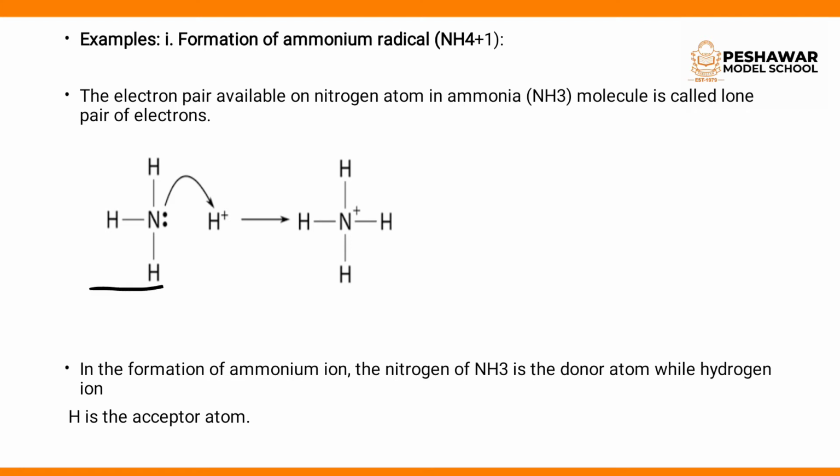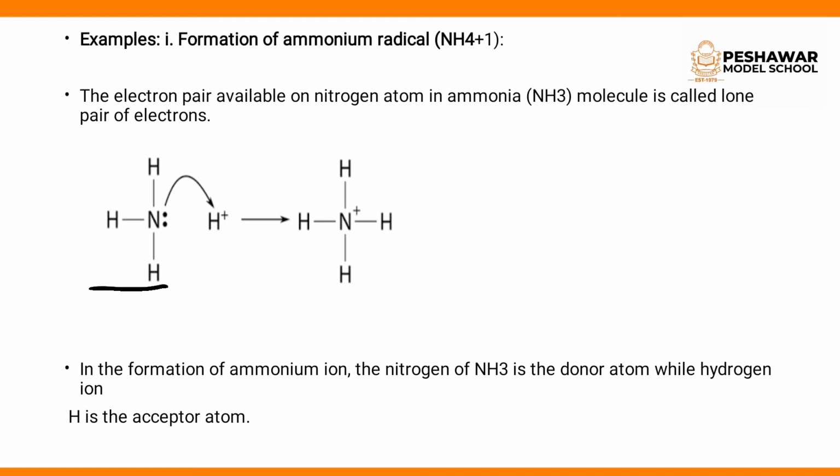Now look at the molecule of ammonia, NH3. As you all know, nitrogen has 5 electrons in its outermost shell. It shares 3 electrons with the 3 hydrogen atoms in this molecule, and it has one lone pair of electrons which is not taking part in this bond formation.